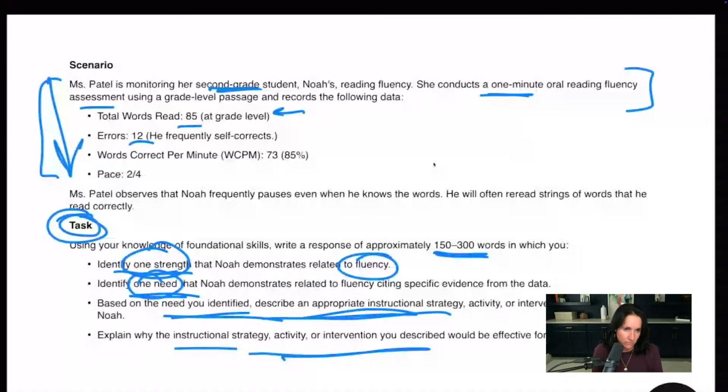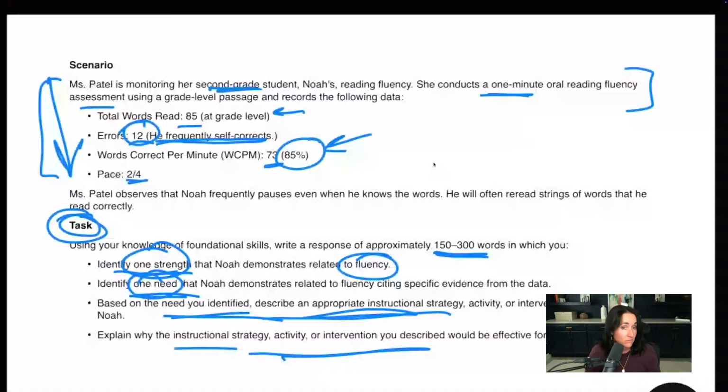That's a lot of errors for 85. Okay. Which means he only read 73 accurately, which is at an 85% accuracy, which is at the frustration level. Remember, anything below 90%. And the pace is just a 2 out of 4. So there's a lot going on here. We also have here, he frequently self-corrects.